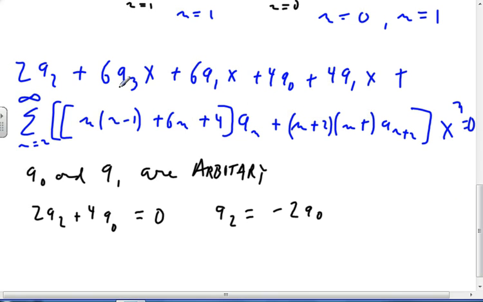Okay, I look at the x term, and I see that 6a3 plus 10a1 has to be 0. So a3 has to be minus 5/3 a1.